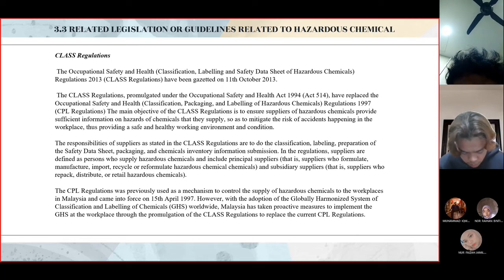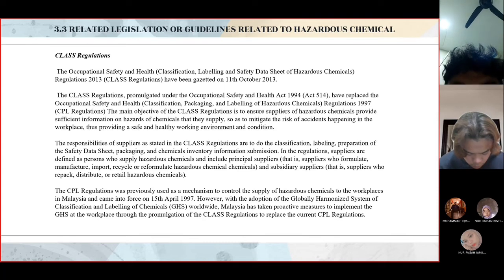The main objective of the CLASS Regulation is to ensure suppliers of hazardous chemicals provide sufficient information on the hazards of chemicals that they supply so as to mitigate the risk of accidents happening in the workplace, thus providing a safe and healthy working environment and conditions.